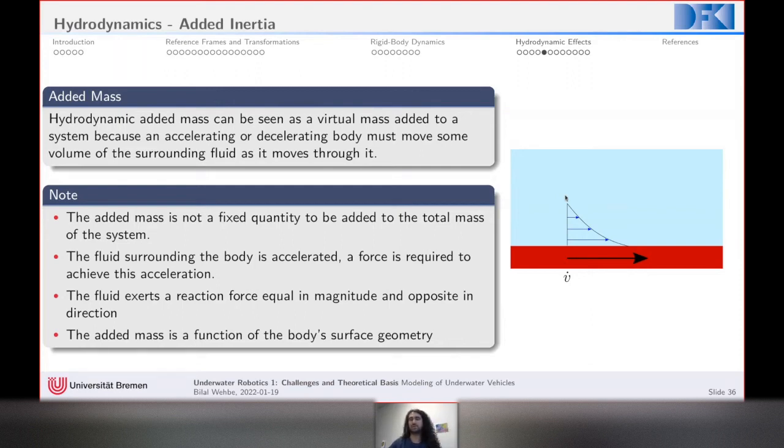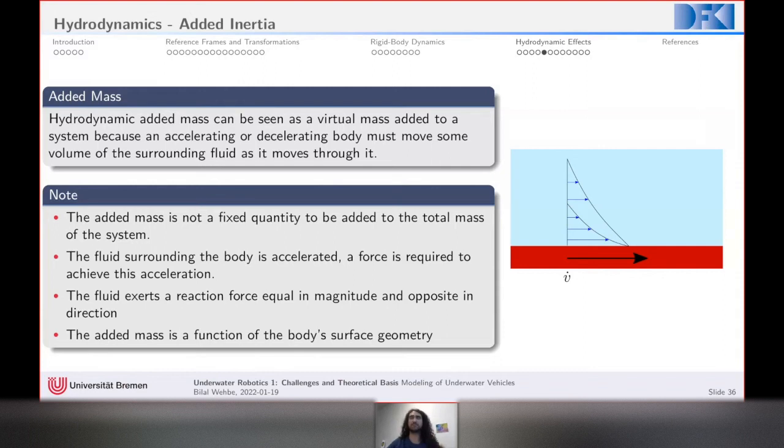However, this is not going to just remain like this the whole time. As long as the body moves, these velocities will get smaller in magnitude. However, there will be a bit of a delay. As this body moves, these reaction forces are going to move up the layers due to the viscous forces.